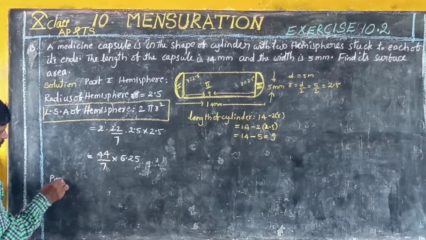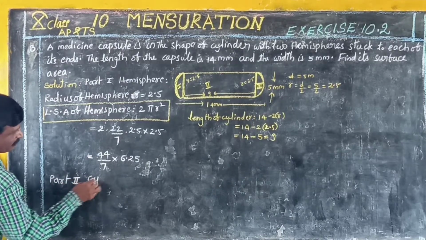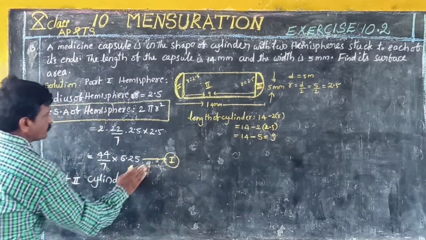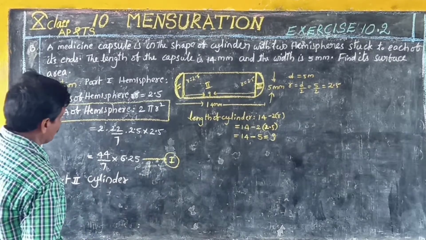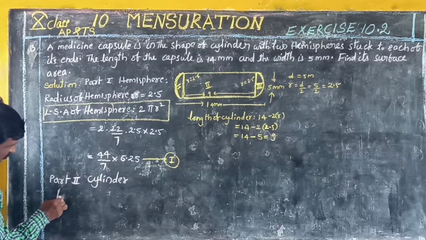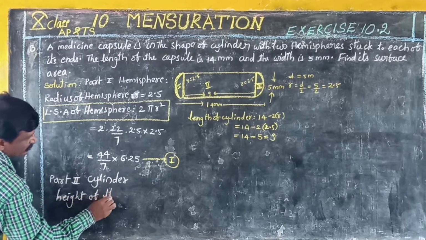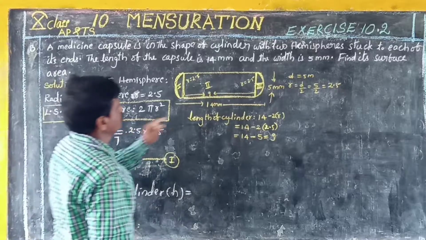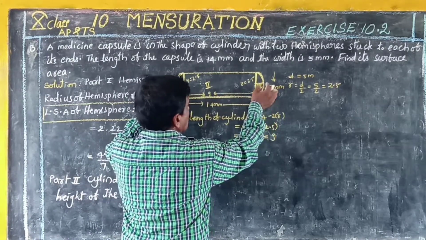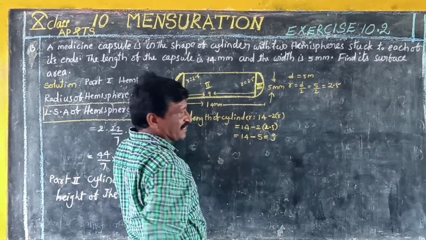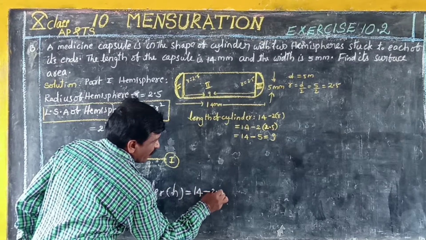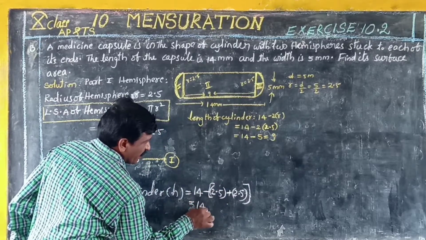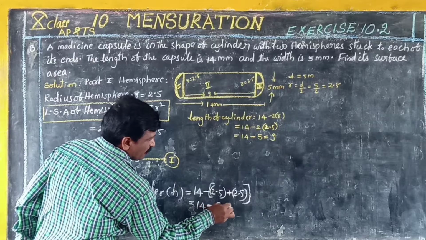Next, part 2, the cylinder. The height or length is H equal to the total 14 minus 2.5 plus 2.5, which is 5.0.